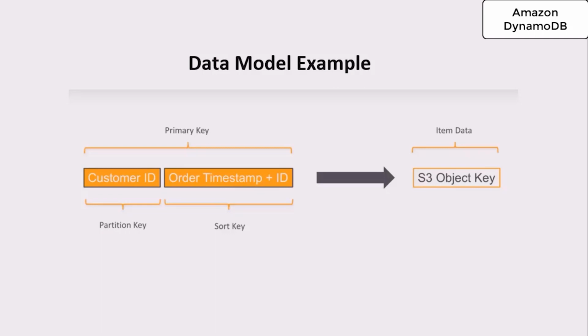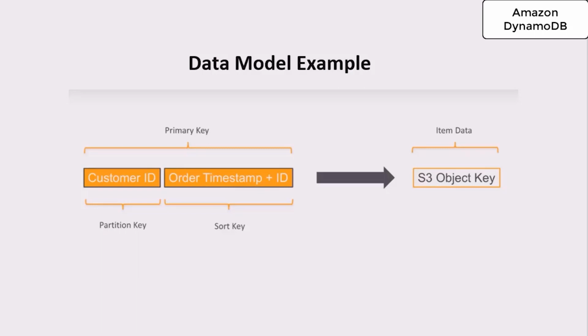And the final data, the item data, will be the S3 object key. If you see the S3 object key, you'll find these things. The order timestamp plus ID will help in sorting the data according to timestamp. That is the help of the sort key here.